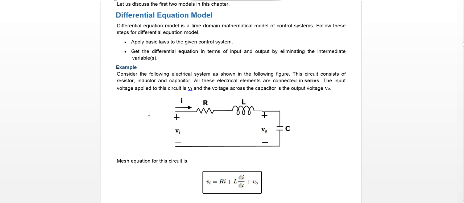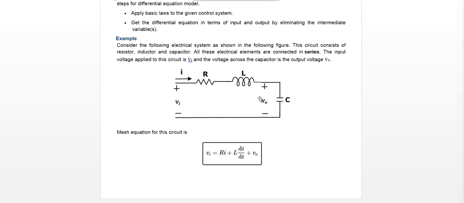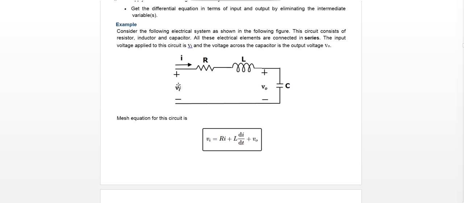So applying the mesh equation for the circuit, we can get that the input voltage is equal to Ri, where R is the resistance times the current, plus the inductance times the derivative of I with respect to time, plus the output voltage.